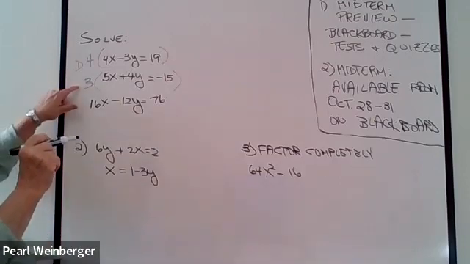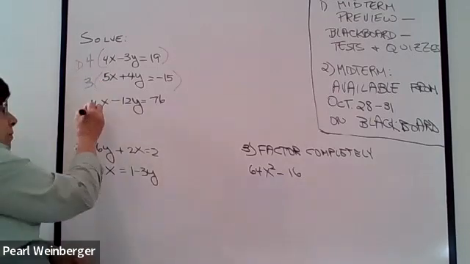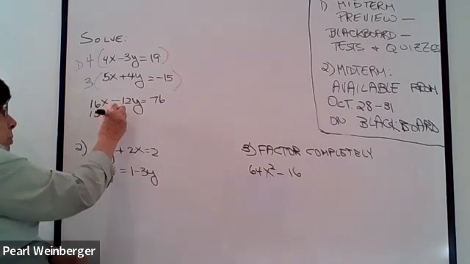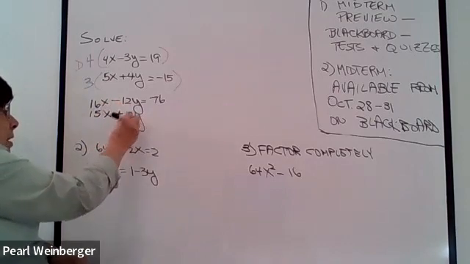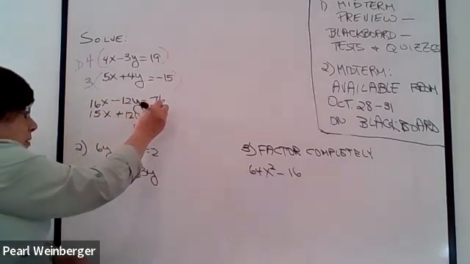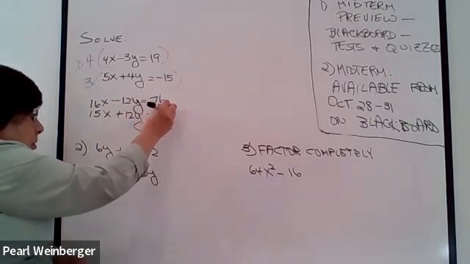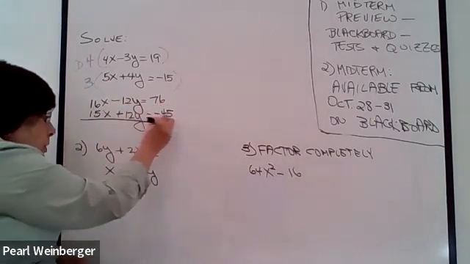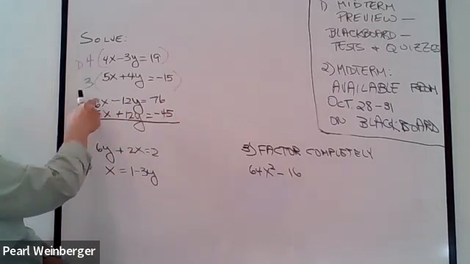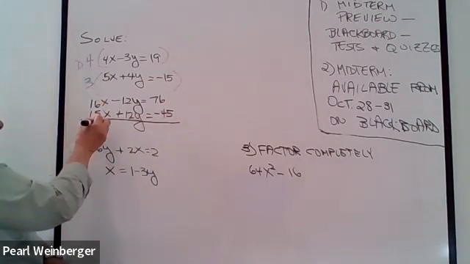The second equation, you're multiplying through by 3. So you're going to get 15x plus 12y equals negative 45.